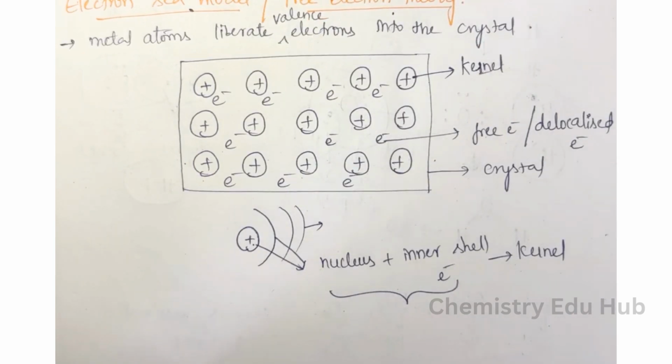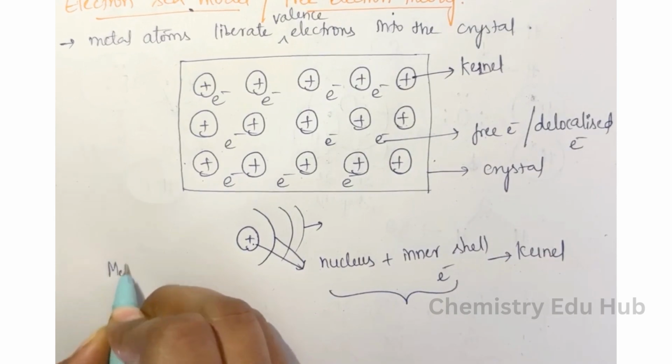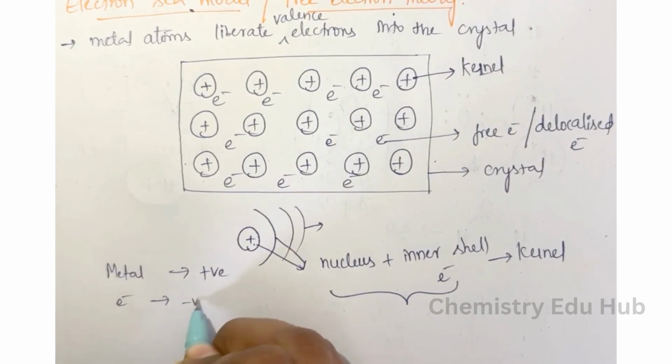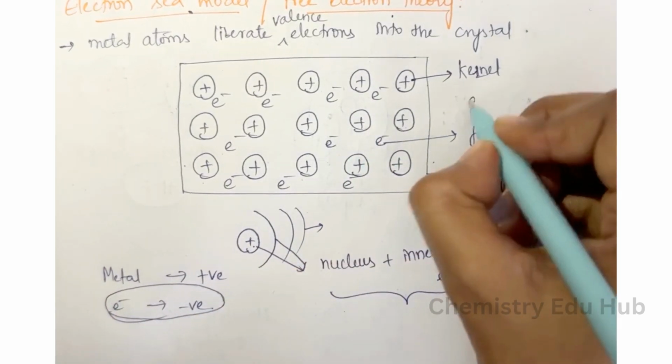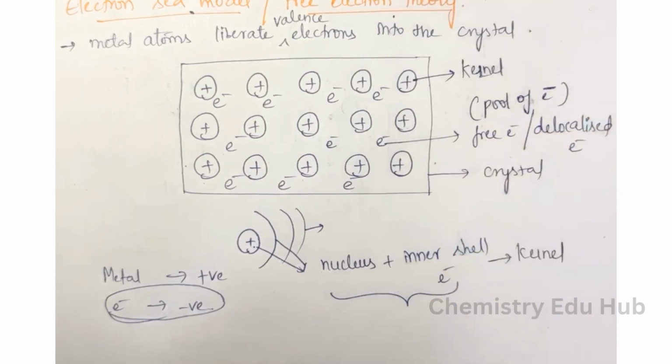Now because of this, the metal atoms attain positive charge, and the electrons are anyways negative, and these electrons which are moving freely form a pool of electrons, or you can say a sea of electrons. This is the representation of a metallic bond in the given metal.